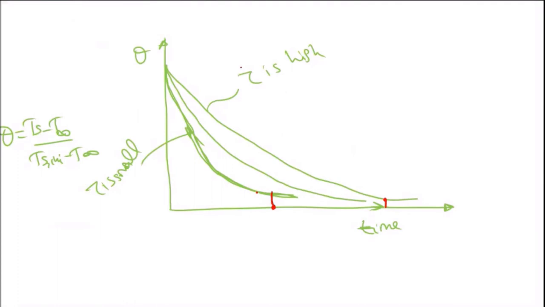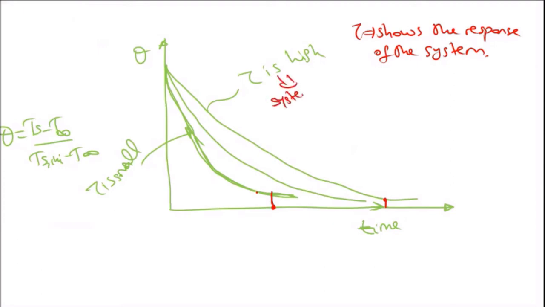Therefore, tau shows the response of the system. If tau is large, the system response is slow. If tau is small, the system response is fast. This is the meaning of tau, and tau is called the time constant.